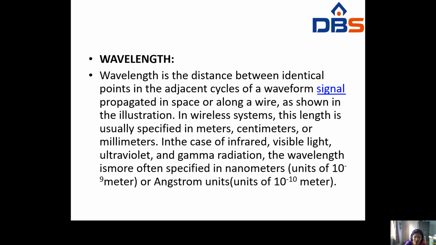One nanometer is equal to 10 to the power of minus 9 meters, and one angstrom unit equals 10 to the power of minus 10 meters. These are the units for wavelength.